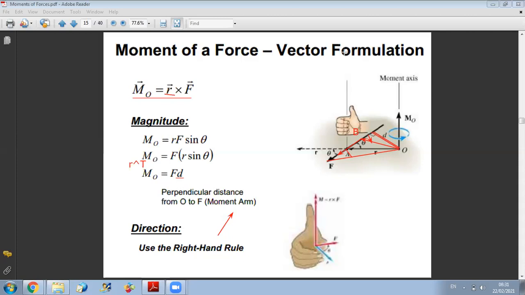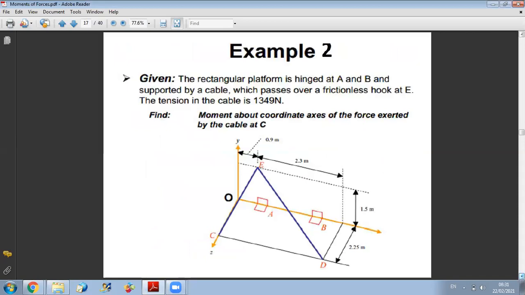Okay? So let us go back to the problem here. You can choose what you want. For the tension TCE, it passes by C and it passes by E. So you can do OC vectorial the tension or OE vectorial the tension. So what you should do, you select the easiest point. The easiest point is C because it only has coordinate along Z. Okay?